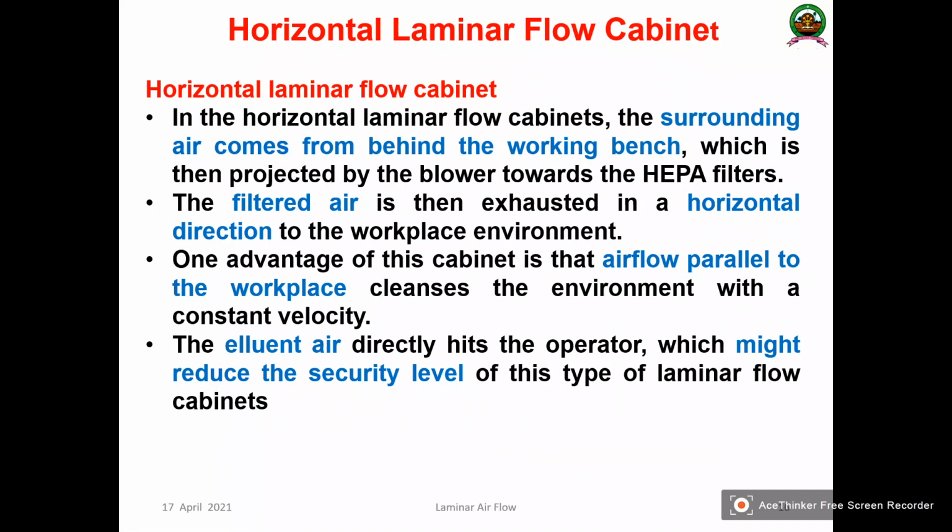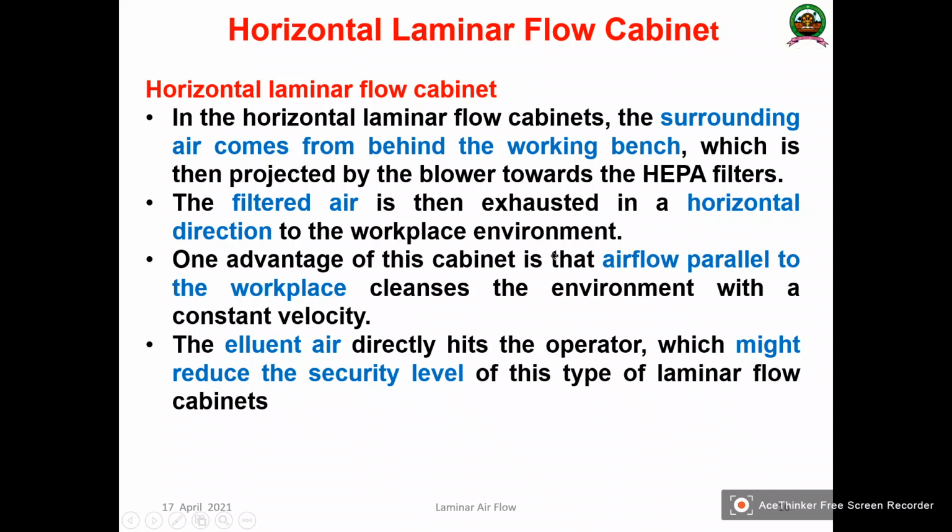Then comes the horizontal laminar airflow. In the horizontal laminar airflow cabinet, the surrounding air comes from behind the workbench, which is then projected by the blower towards the HEPA filter. The filtered air is then exhausted in the horizontal direction to the workplace environment.